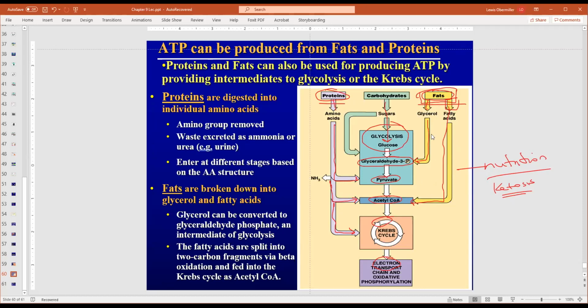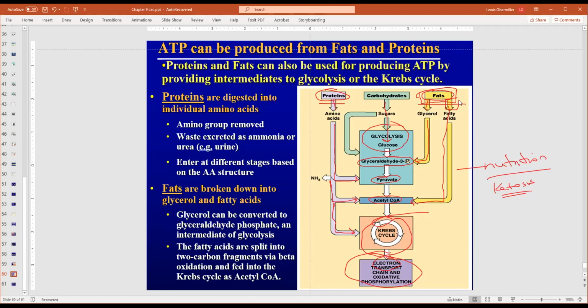I'm just showing you that all these get broken down. They just get broken down in different steps. And in the end, ultimately, they all end up going to the electron transport chain, no matter where they go into the pathway that we learned about. Any questions about that?